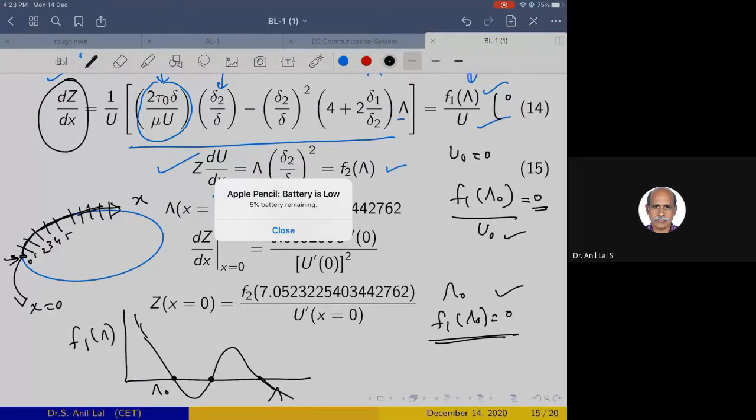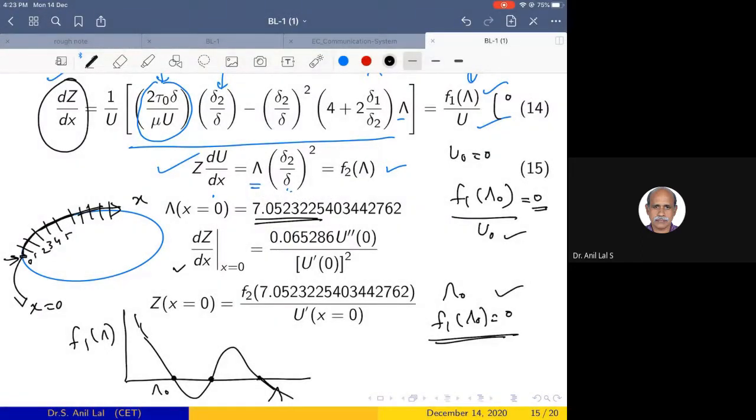Some working out of that gives a solution for dz by dx by application of L'Hospital's rule. At x equal to 0 we get a relation which consists of the second derivative of the potential flow velocity at x equal to 0. And so z at x equal to 0 is given by lambda f2 of lambda 0 by u dash at x equal to 0, or u dash 0.